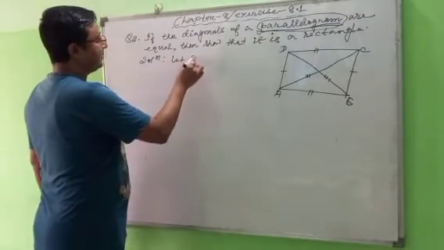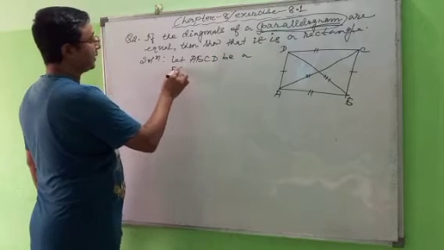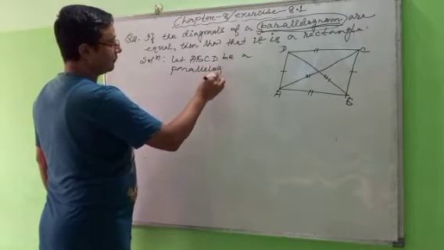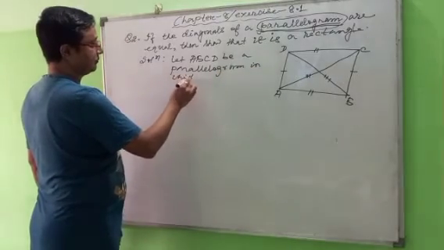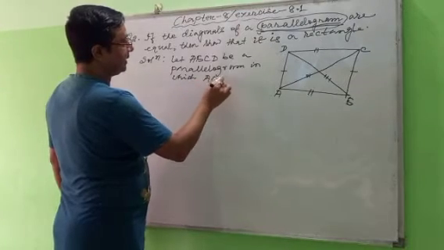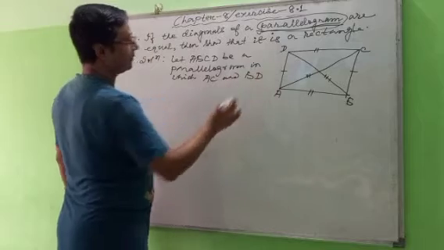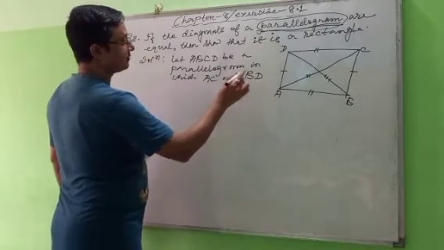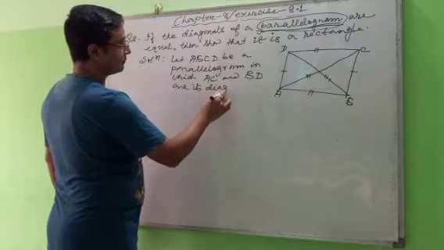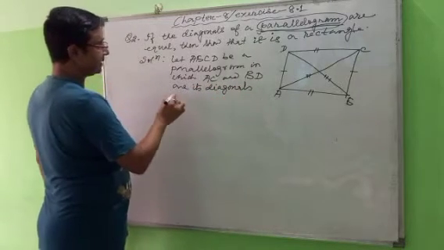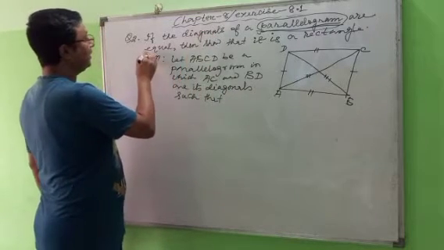Let ABCD be a parallelogram in which AC and BD are its diagonals, such that the diagonals are equal.